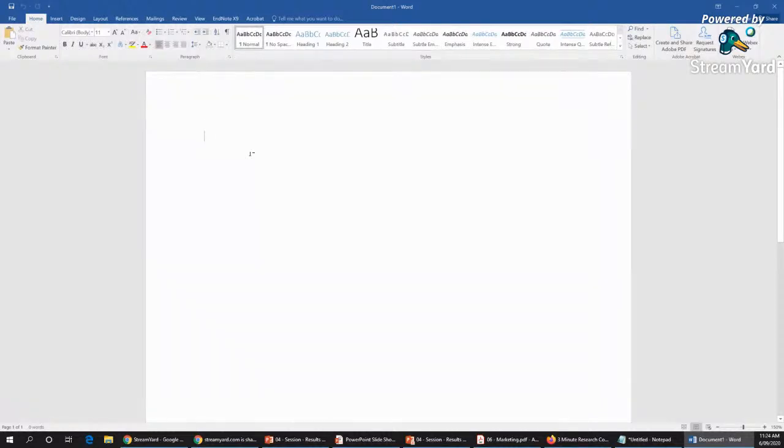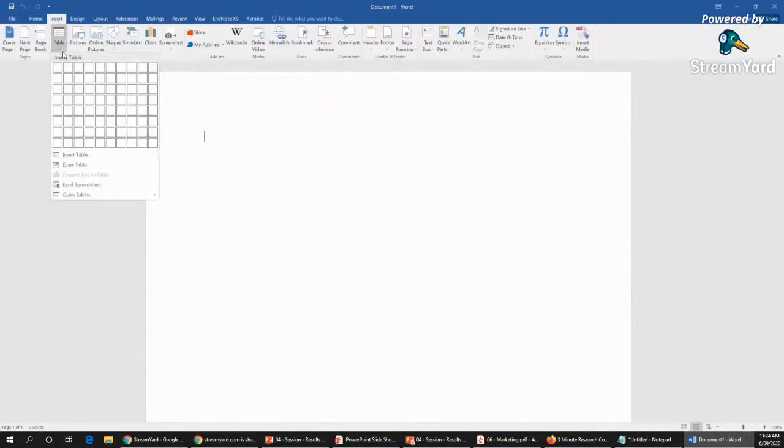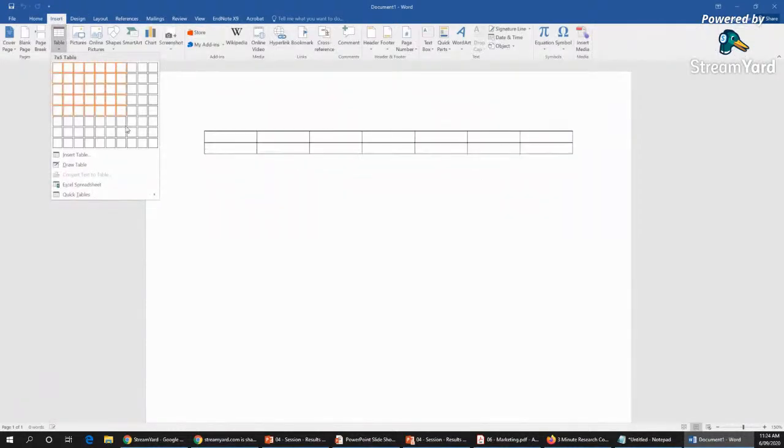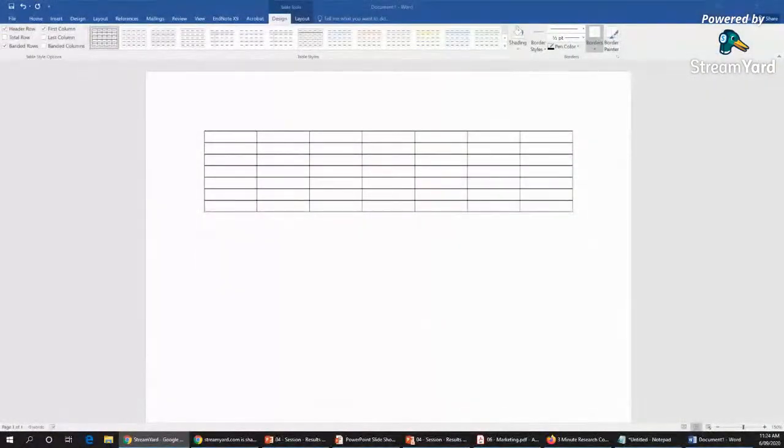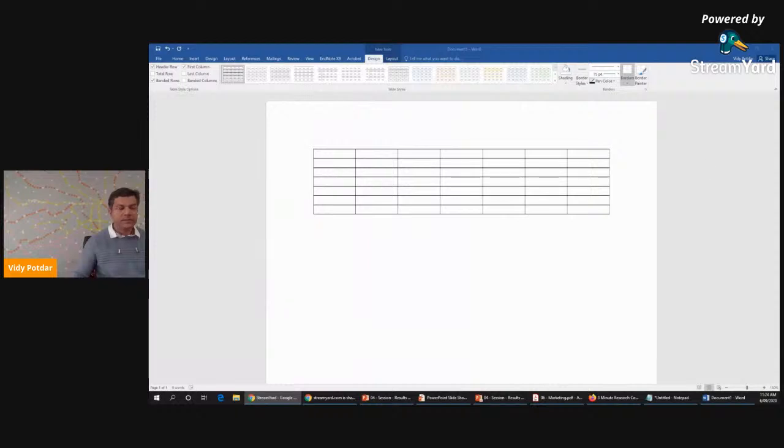So now I'm going to show you one example of a table that you can come up with, and this is fairly easy for all of you to come up with, because this would be one of the easiest tables that you can design.